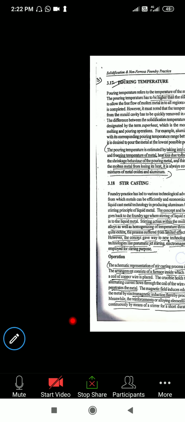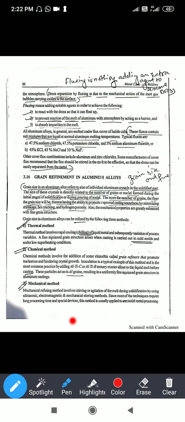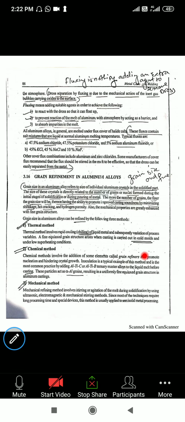So these are the three methods used for the generation of nuclei, by which grain refinement is done in the aluminum alloy and makes the mechanical properties stronger. Now let us see the stirring of castings.